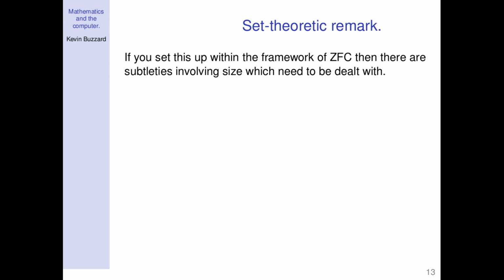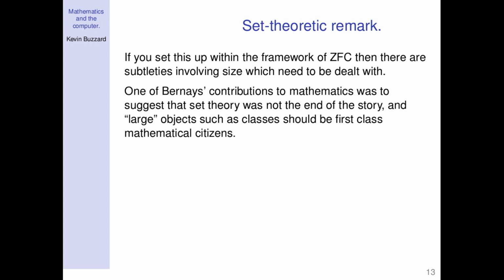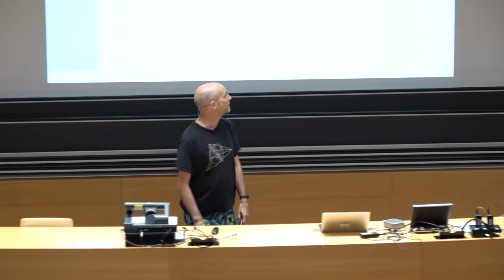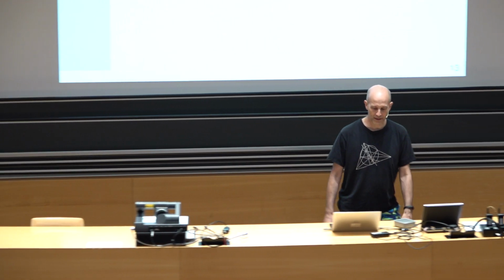And I'm not going to go into those size issues at all, and I thought I may as well mention Bernays, given that these are the Bernays lectures, and one of his contributions to mathematics was to observe that there's no reason that you need to stick to sets, and then these things which are bigger than sets, you can't really talk about them properly. In the NBG, Neumann-Bernays-Gödel model of mathematics, he allows classes to be first-class citizens.